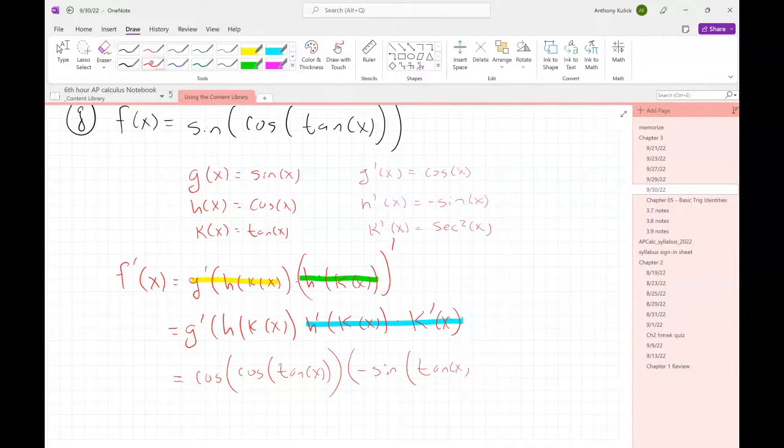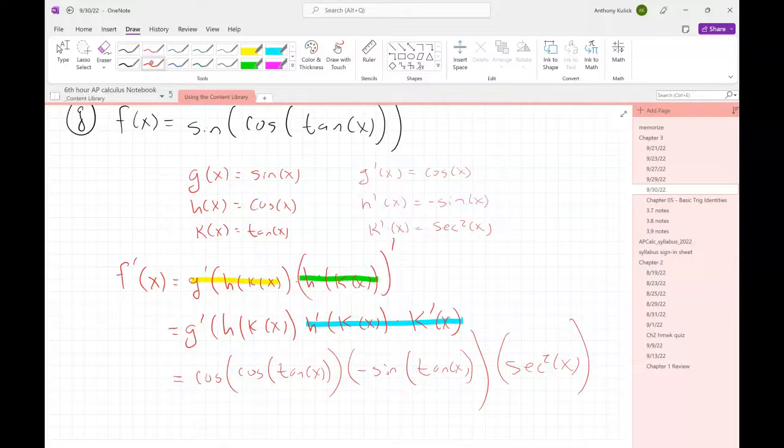Oops, that's a little big. And then k prime of x is... now, can I simplify this anymore? I'm going to say no, you can't, because you don't have multiplication of trig functions.